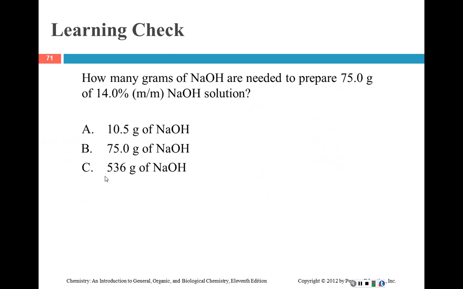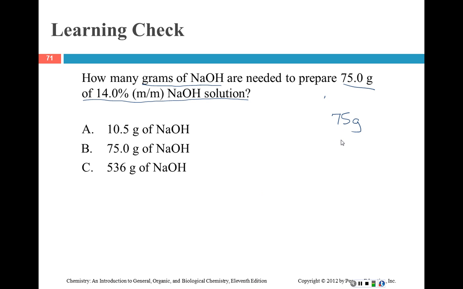So this is important to get your head around, because this is what you're going to use to work problems a lot of times. So how many grams of sodium hydroxide are needed to prepare 75 grams of a 14% mass sodium hydroxide solution? All right, what do we know? We're going to make 75 grams of this, okay? It's 14% mass.